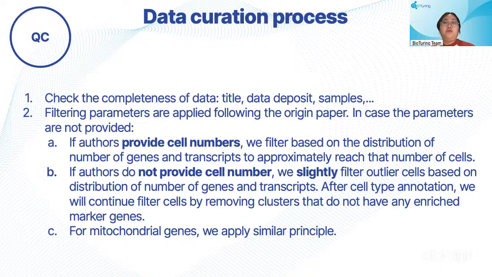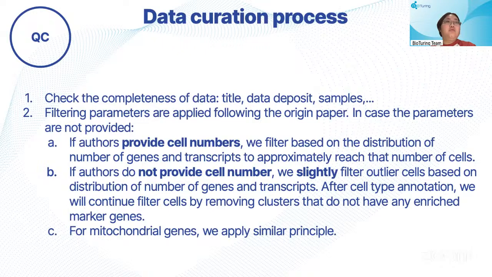Because sometimes in the first round, the paper is a preprint, and a year later the paper is fully published. Maybe the title is changed, the data deposit place is changed, and even sometimes in rare cases, the number of samples changes. The authors can increase the number of samples. In that case, we will take the data set and bring it back to the first place to check the data again and re-annotate everything again, okay?